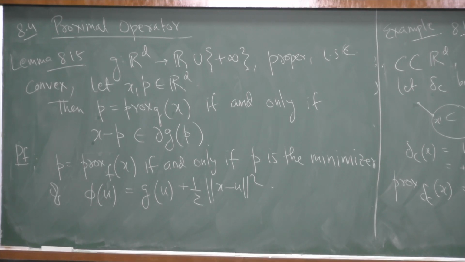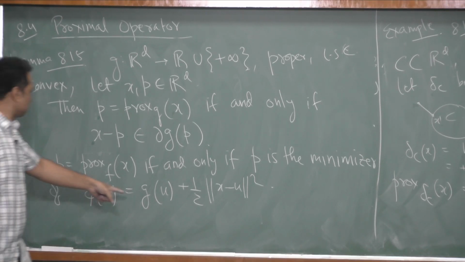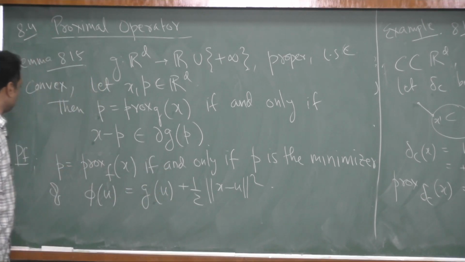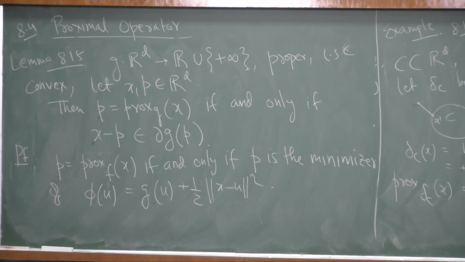If p happens to be the proximal, then p must have minimized this. So basically the argmin of this must have been p. So that's from the definition of the proximal itself. So g is proper and LSC, all this is already there, but given that it's proper, LSC and convex, we can use proposition 8.8, which I believe is the Fermat's theorem that we did.